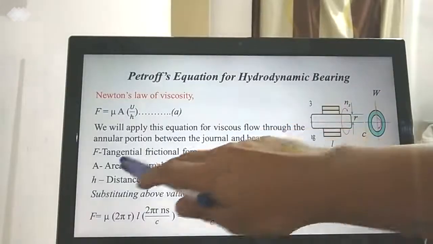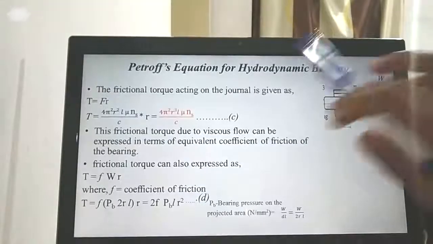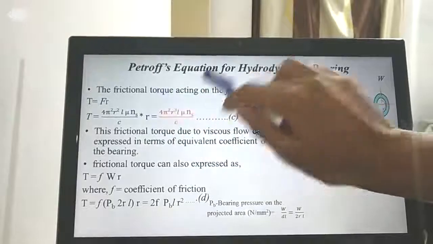After getting the tangential frictional force, we can calculate the frictional torque acting on the journal.